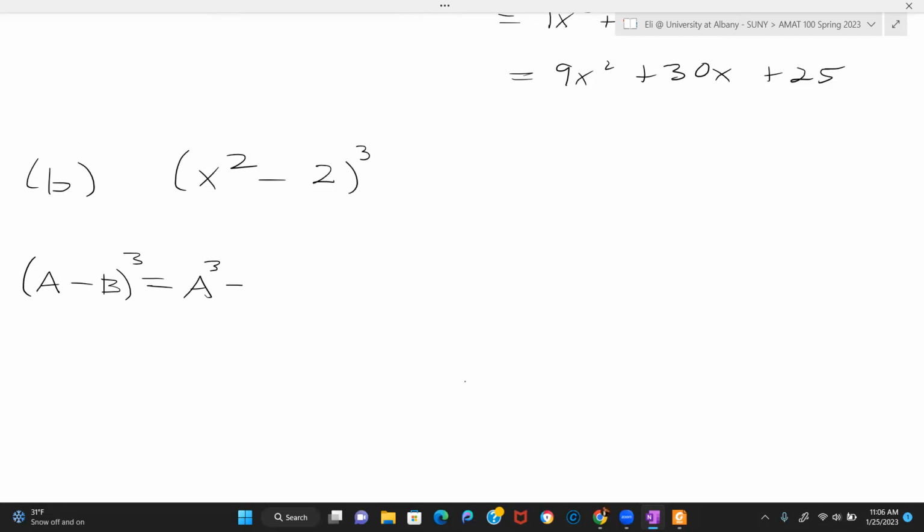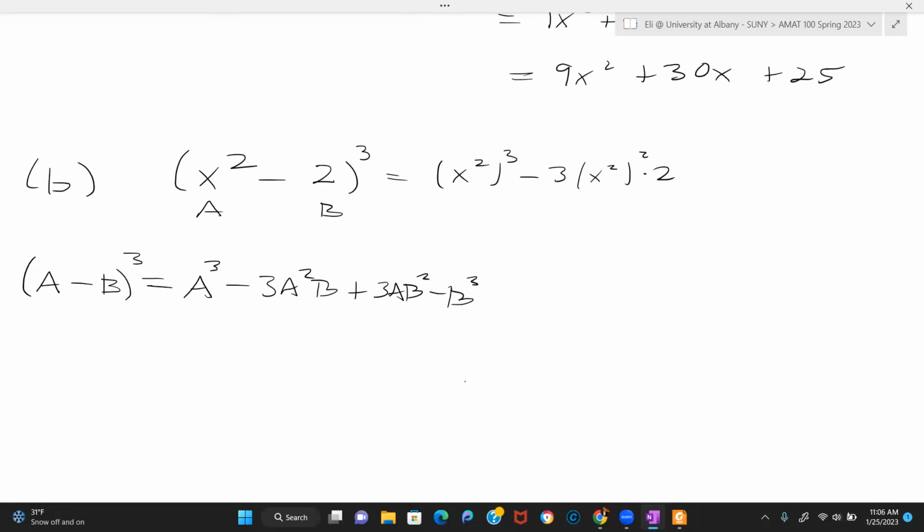a cubed minus 3a squared b plus 3ab squared minus b cubed. And so using this formula, this is a, this is b. You're going to say x squared cubed, and that's going to be minus 3 times x squared times b, which is 2.